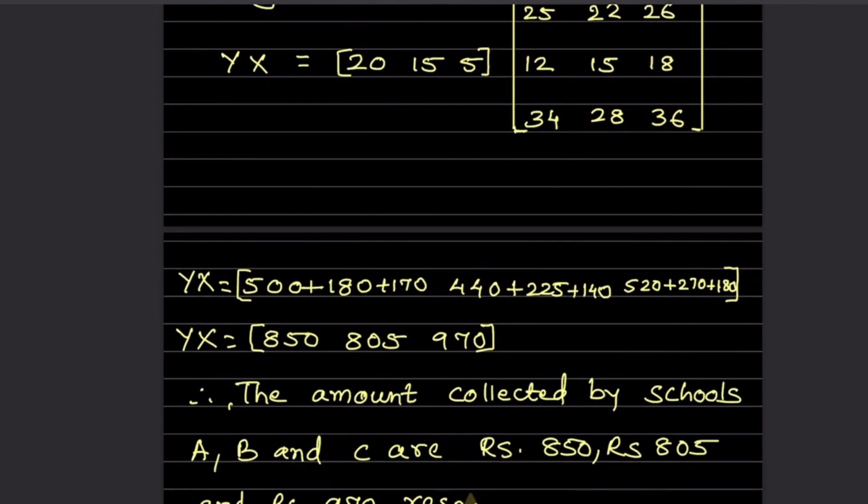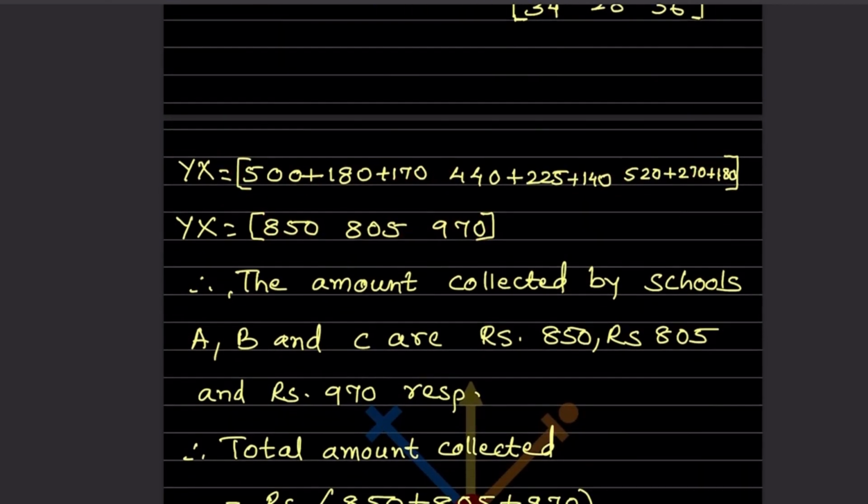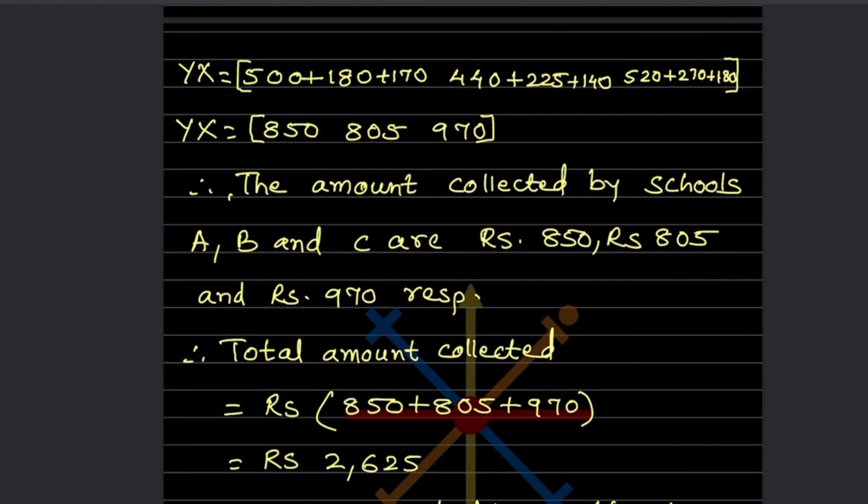So when we add all these things, what we can see, this will be 850, 805 and 970. So we can say the amount collected by schools A, B, C are 850, 805 and 907 respectively. So we have to see the total amount collected. So total amount means you are going to add all these three. So that is 2625.